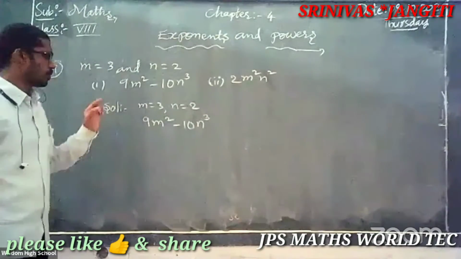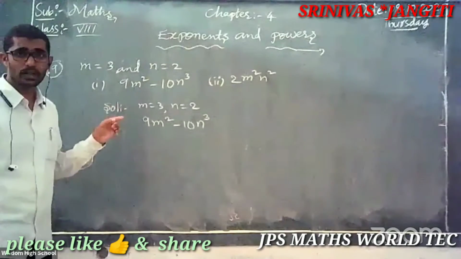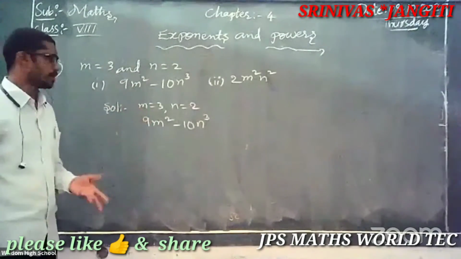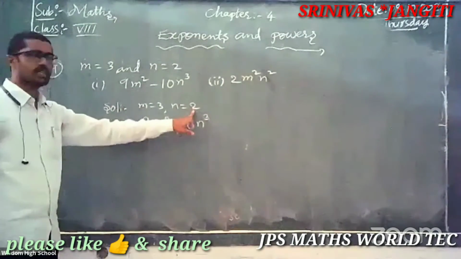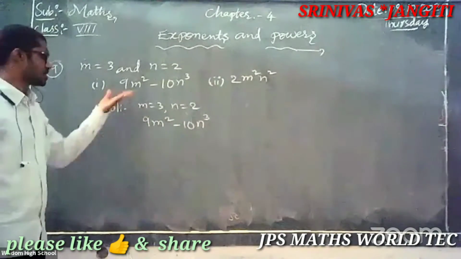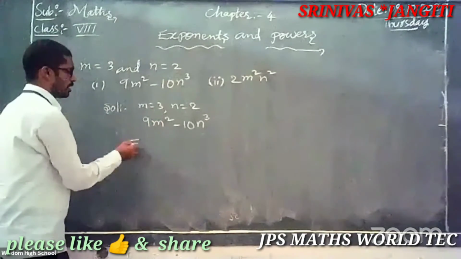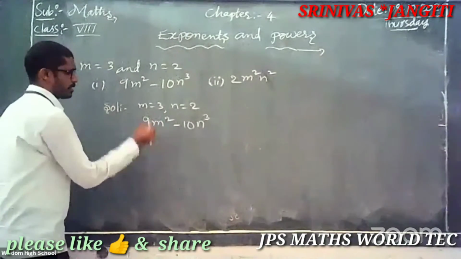Is it clear? So in place of m, what should we apply here? Yes, substitute 3. And in place of n, substitute 2. That's simple. The logic is simple. Then we have 9 only.